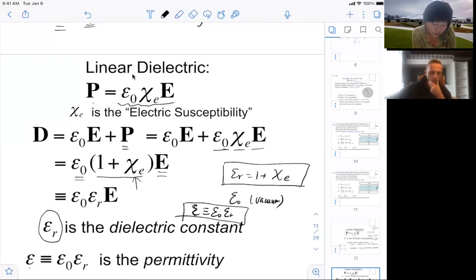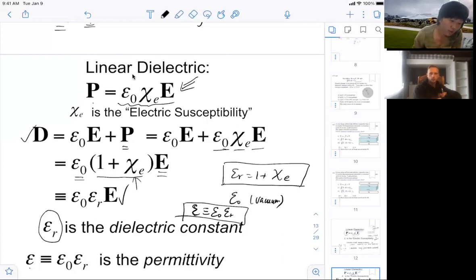It's really for the sake of which one is easier to calculate or which one was given. We have to go back to our definitions to see what we know and how we relate one to another. For this kind of material, we know the polarization is linearly related to your E field. So whenever we solve for D for such materials, we have solved for E right away, because they are related by these constants. These are one type of material we will do in this class, and they are easily solvable.